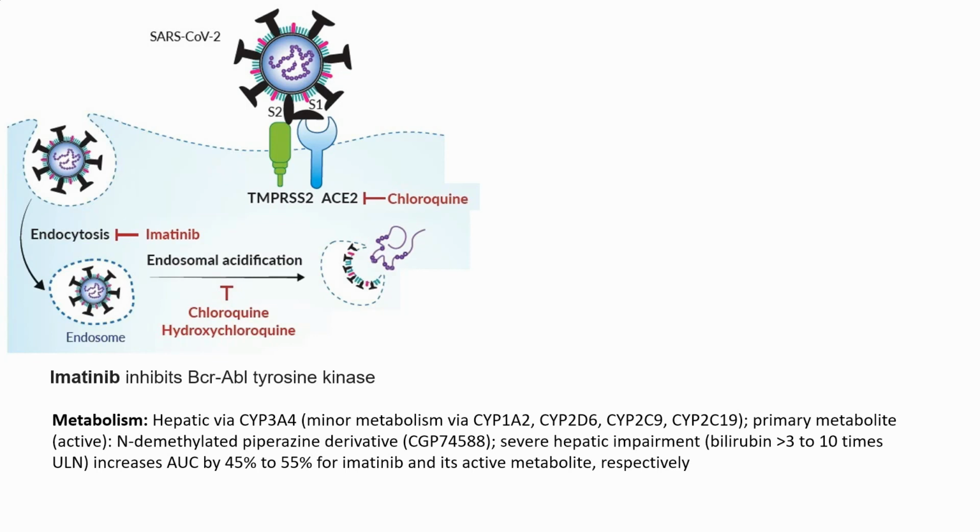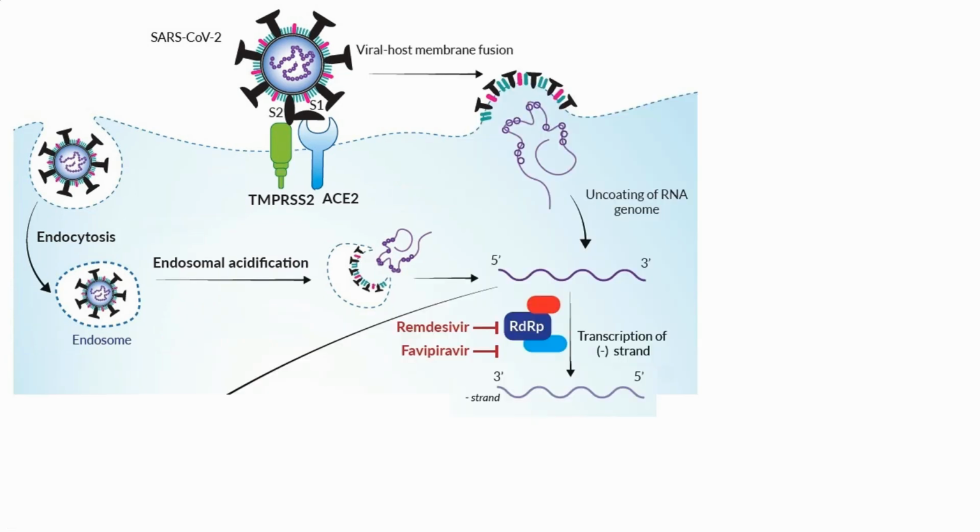After partial metabolism, it becomes an active metabolite, called demethylated piperazine derivatives, which can cause severe hepatic failure and impairment. It's very important because bilirubin mostly increases 3 to 10 times, and it can cause very bad hepatic failure.